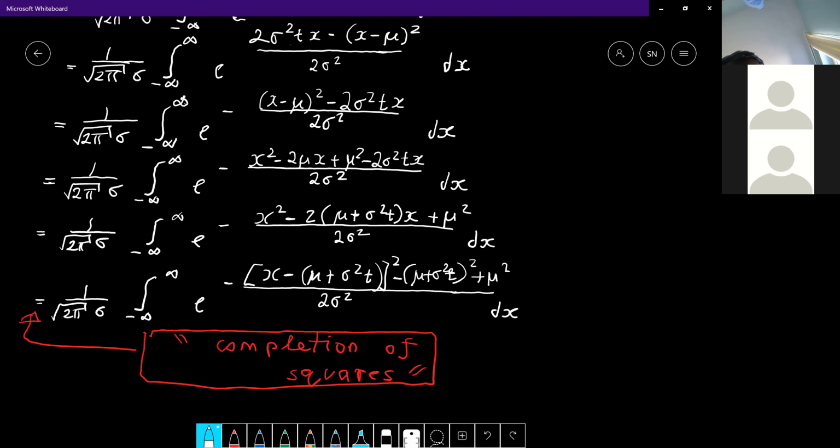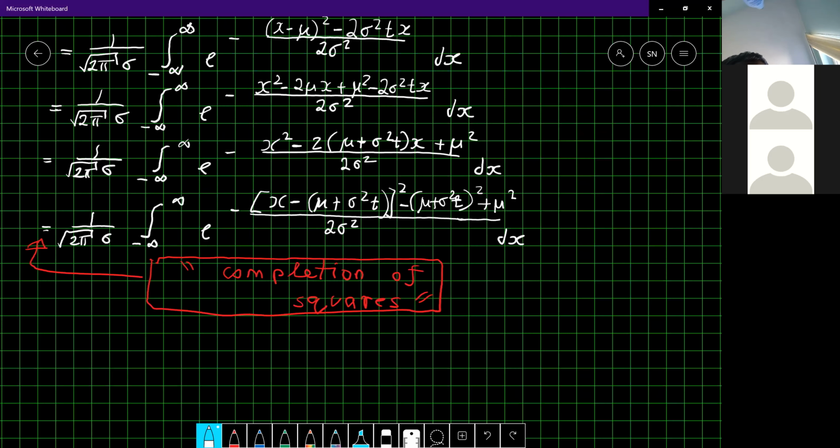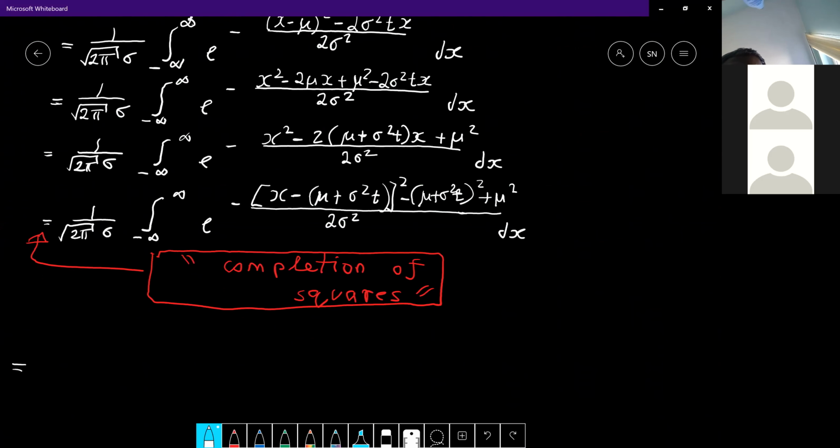Now what I'm going to do is take the last two terms outside the integral because they are constants, right? So these are the last two terms inside the integral; I've taken them outside.